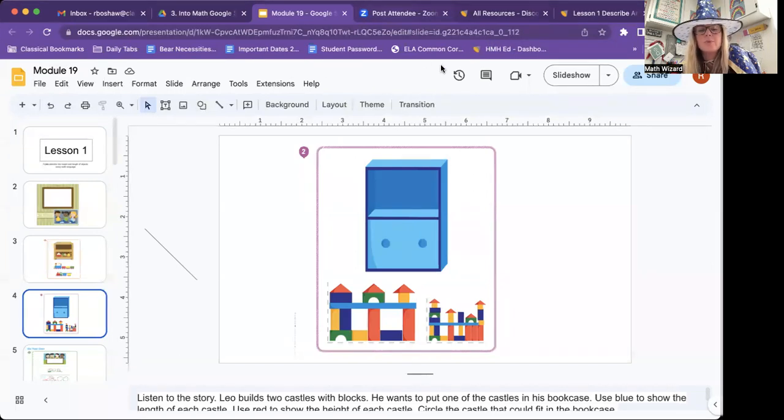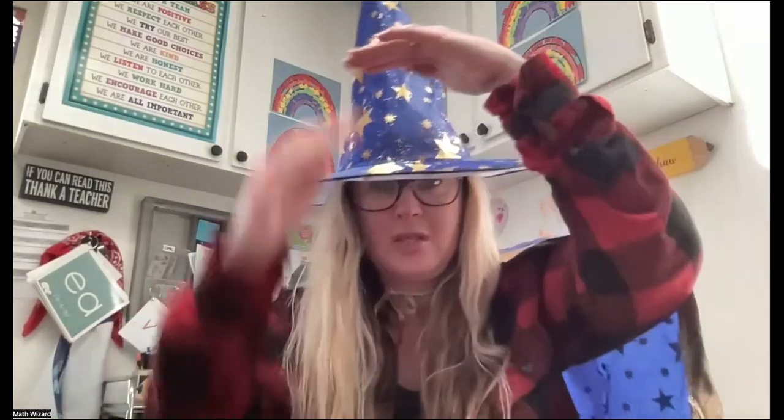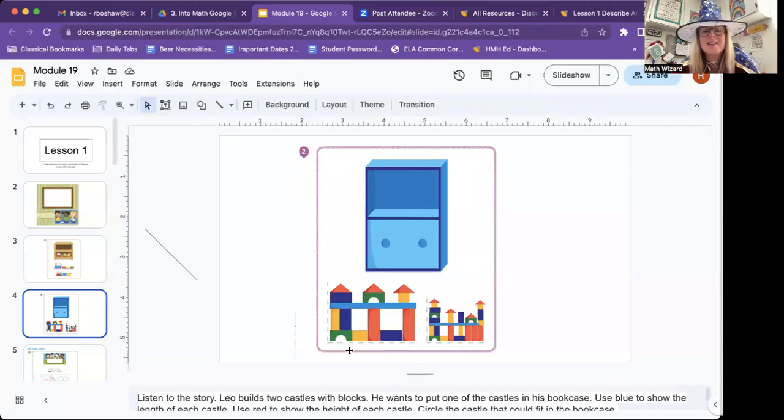The first one, blue to show the length. Now, do you remember what I said? Is length the distance from one end to the other, so going this way, or is it from top to bottom? What do you think? The length. Good. It is the line going from one end to the other.